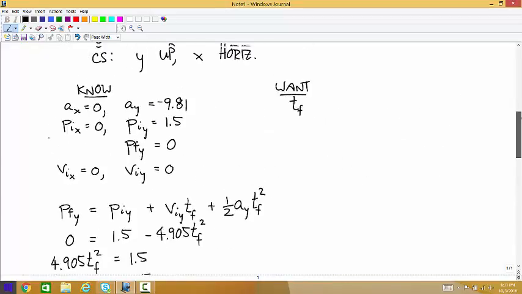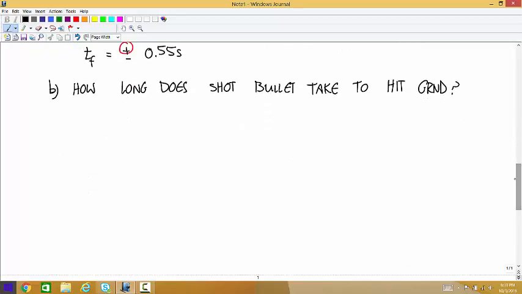So first we'll choose these 4 things. Time equals 0 is the instant that it's shot. Time final is when it hits the ground.